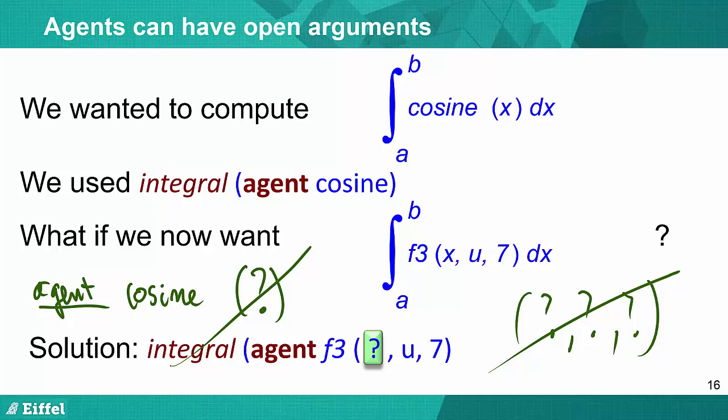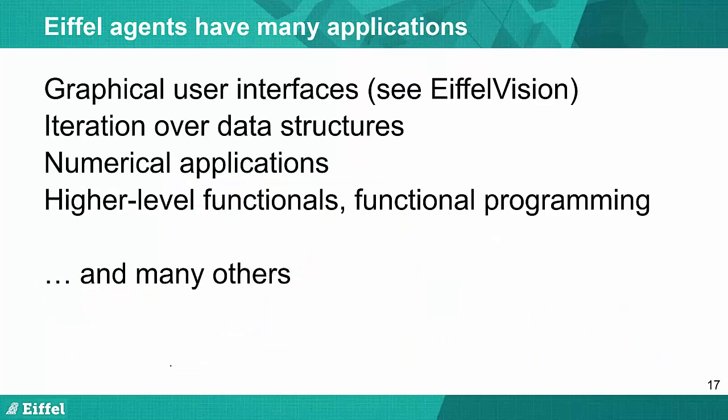This mechanism of open arguments gives us a lot of flexibility because we can use the same operations for many kinds of different routines. I've given you just one example, which is a numerical example, but Eiffel agents have many applications.